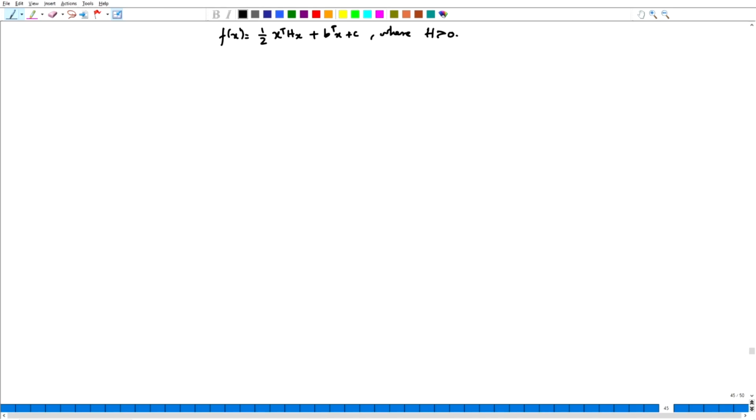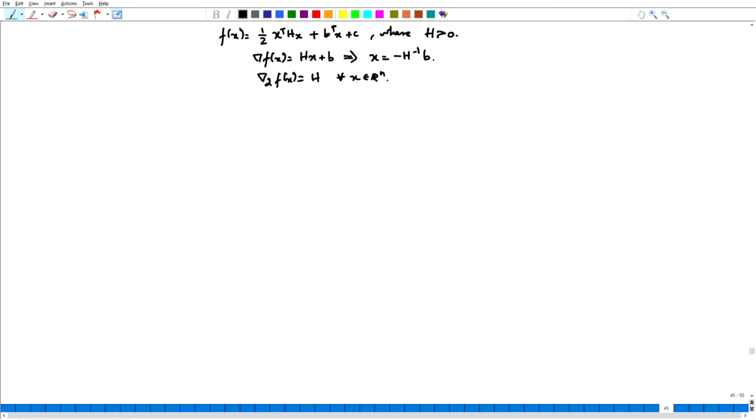For this example, del f of x is H x plus b, so the solution is H x plus b equal to 0, which is minus H inverse b, and del 2 f of x is just H for all x. So we do not have to struggle to find the Hessian at each x k, it is just H.